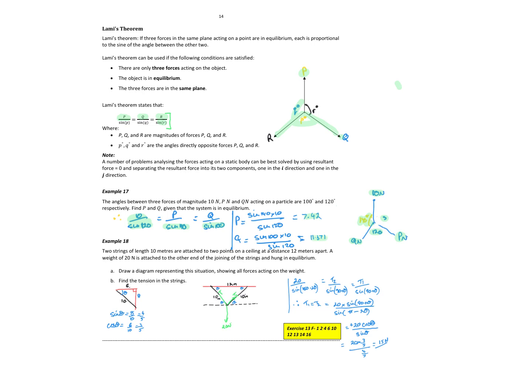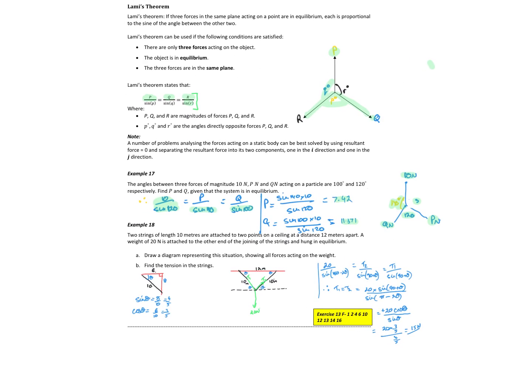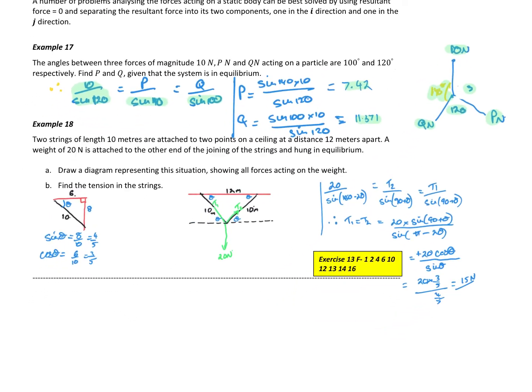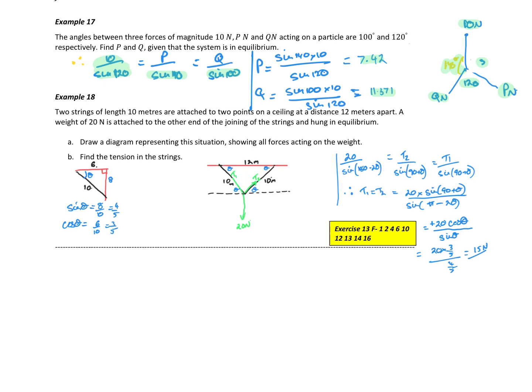Here's our little string scenario that we've just been looking at. Once we've got our force diagram drawn, all we really then need to determine are the angles. If I do a force diagram here, that's 90 degrees there and that's 90 degrees there, and there's a little theta.